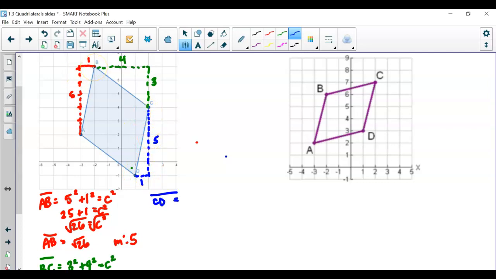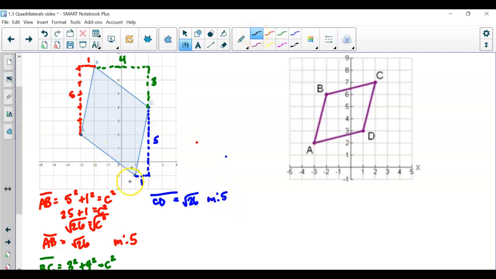So is our answer going to change if I use the Pythagorean theorem again? No, because you still have 5 squared plus 1 squared, which will give you the square root of 26. And same steepness. Rise is 5, run is 1, going up positive. So the slope is 5 as well.